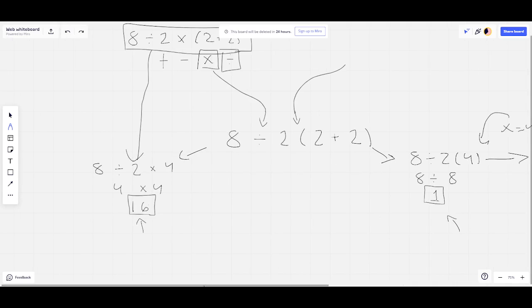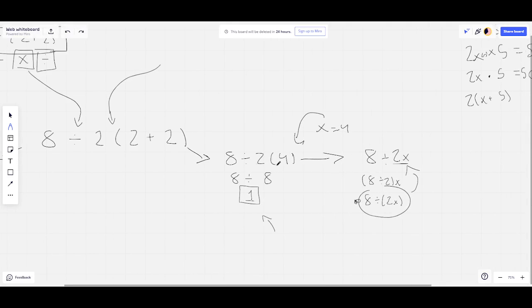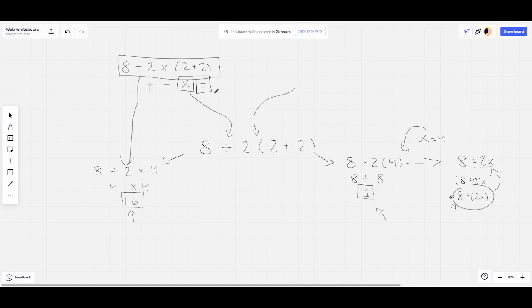But if we think about it in an algebra setting where this 4 could be plugging in this x variable, you'd use these parentheses and you treat it like this. So you get 1.